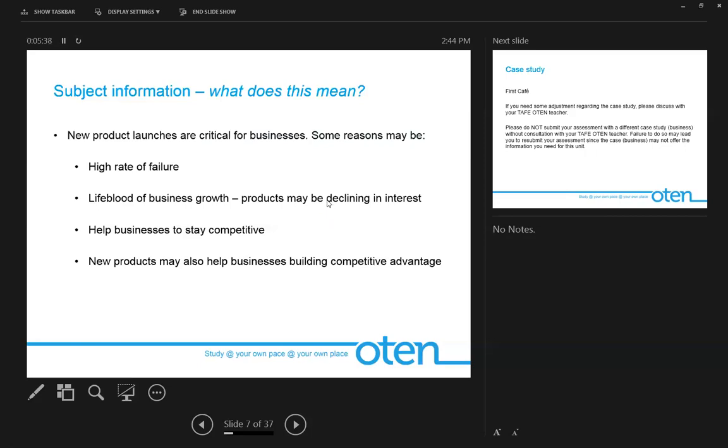Some scholars suggest 35% of new products would fail in the market. In saying that again, it is actually the lifeblood of business growth, because products may be declining in interest, therefore we need to keep pipelining new product ideas or new service ideas, and it could also be new market ideas.